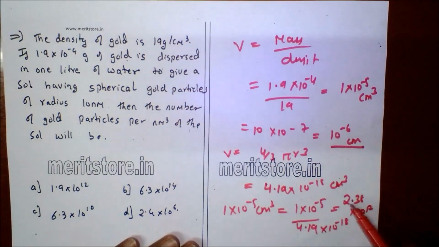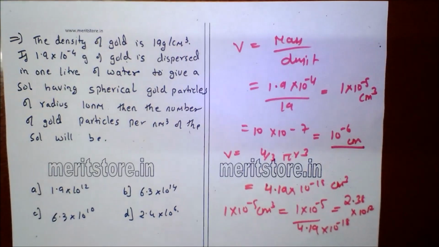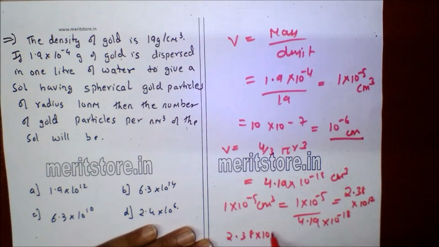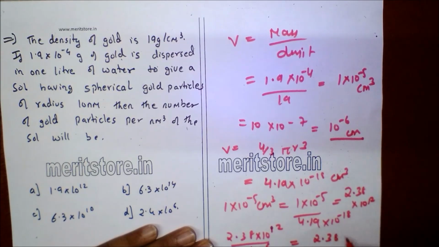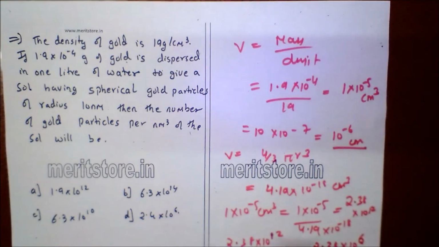Now this is per centimeter cube, however we have to convert this into nanometer cube, so we get 2.38 into 10 raised to 12 upon 10 raised to 6, which is equal to 2.38 into 10 raised to 6, approximately 2.4. Therefore, the correct answer is option D.